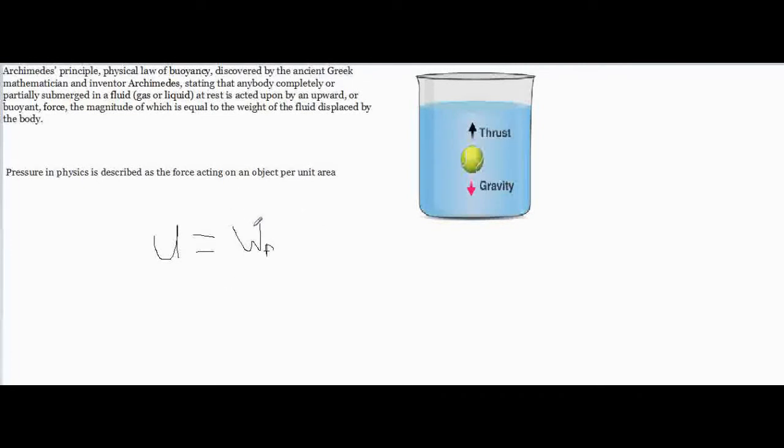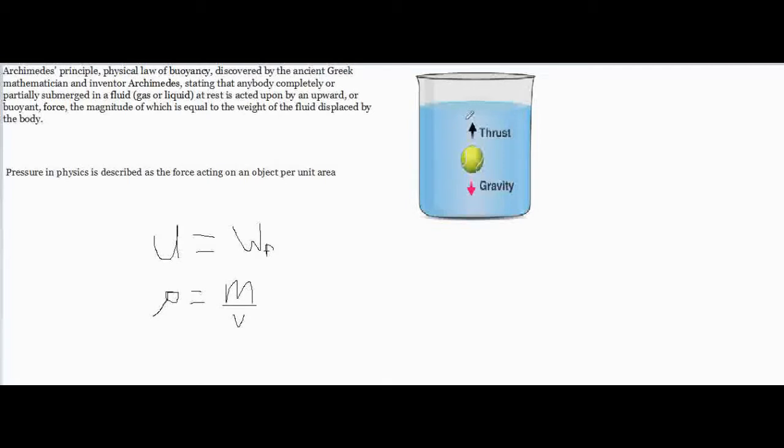Now, this right here is where we get the principle of density. If you don't know, density, which is represented by rho, is equal to mass divided by volume, and whether or not an object will sink or float is determined by its density. Let's say for example that this ball is denser than water.